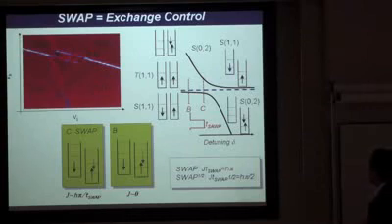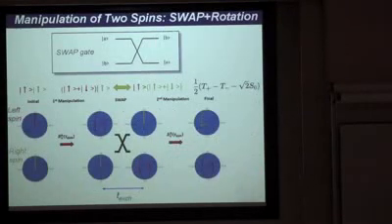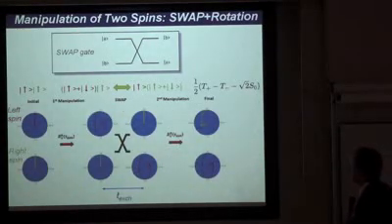Then what is done is to switch the condition between this region of nearly zero J and this region of large J. At this point C, we can perform the swap operation. At stage B, when the two dots are decoupled, we apply the microwave to rotate the left spin.